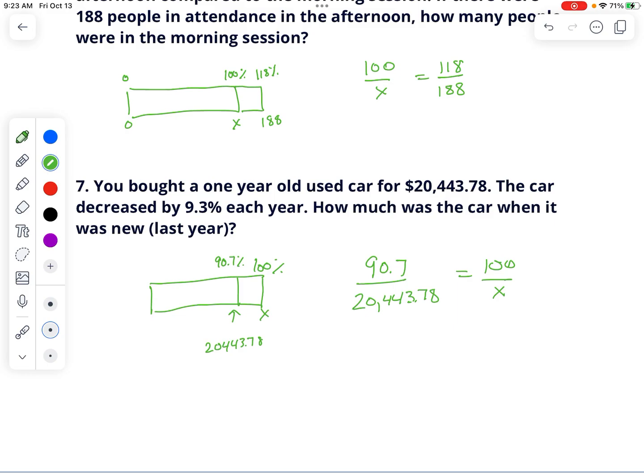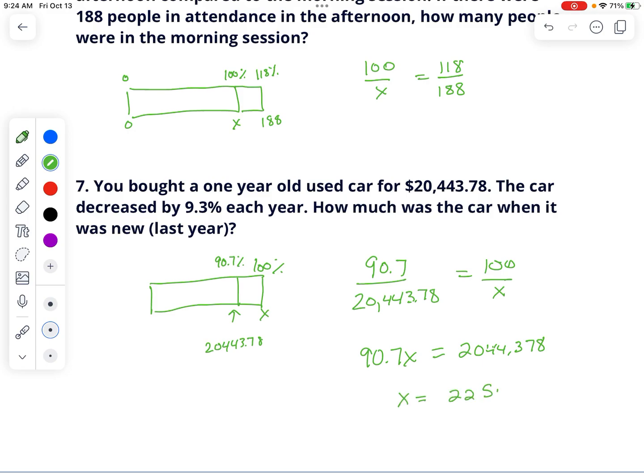We can solve this, so we're going to multiply to get rid of those denominators. So I have 90.7x equals 2,044,378. And then I'm going to divide that by the 90.7.